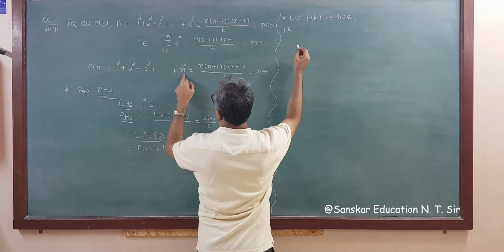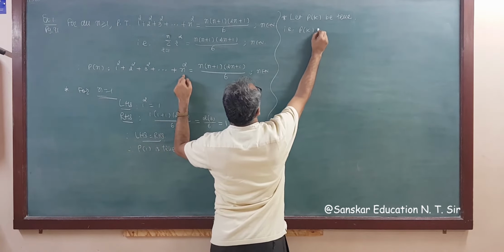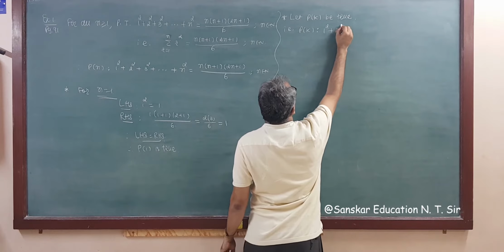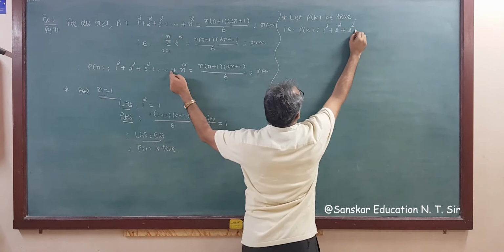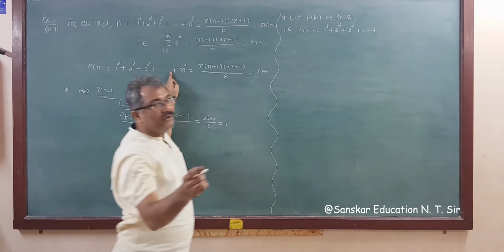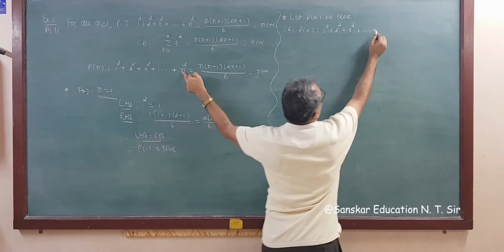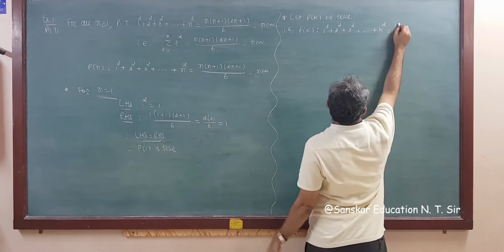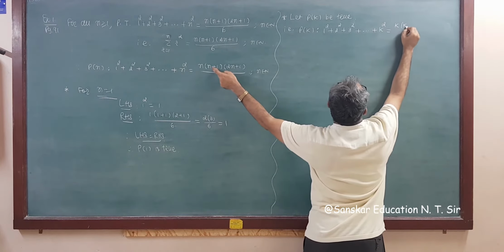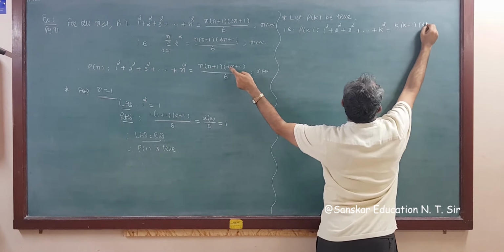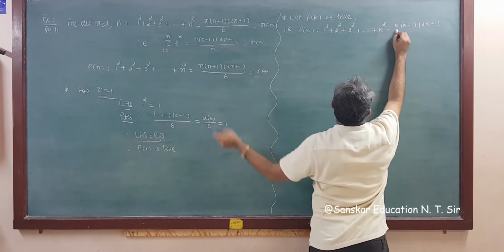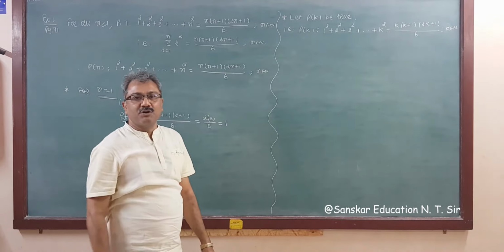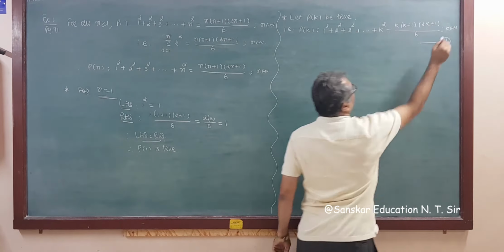So writing k instead of n, Pk will be 1 square plus 2 square plus 3 square plus dash plus k square is equal to k times (k plus 1) times (2k plus 1) by 6, where k belongs to N. And say this is reason number 1 as usual.